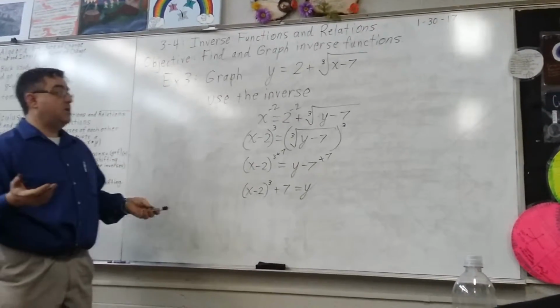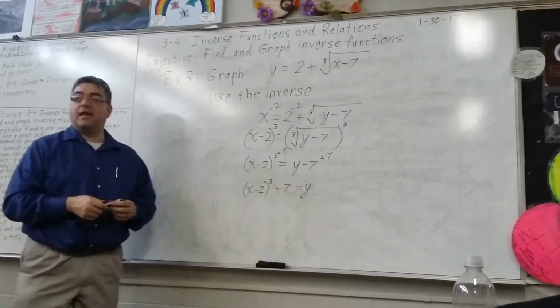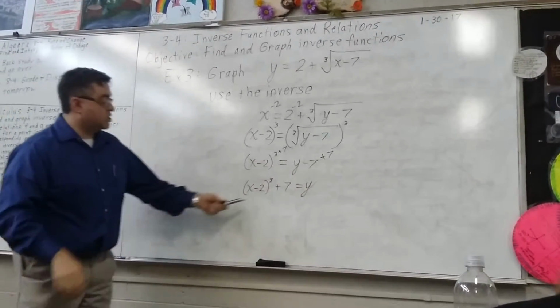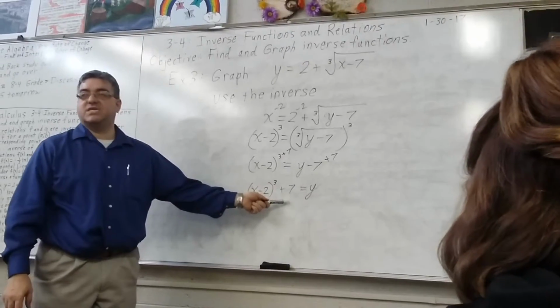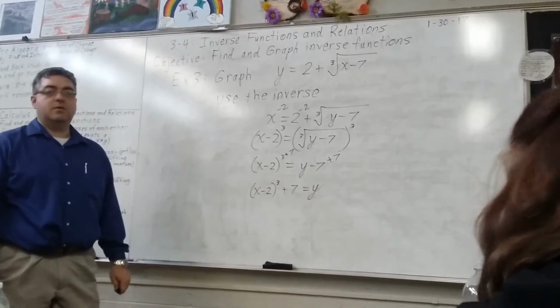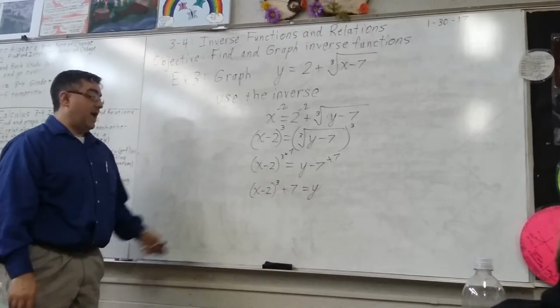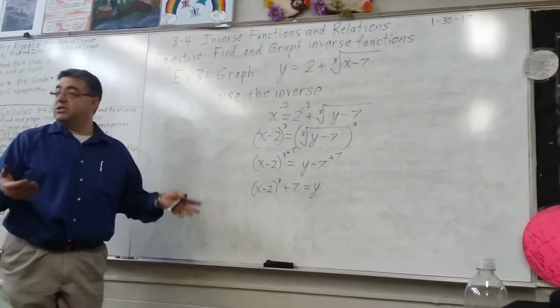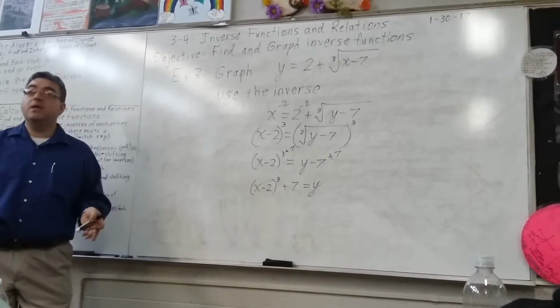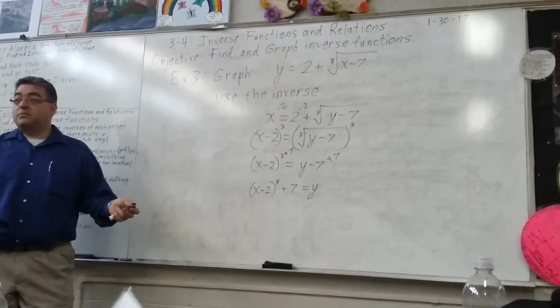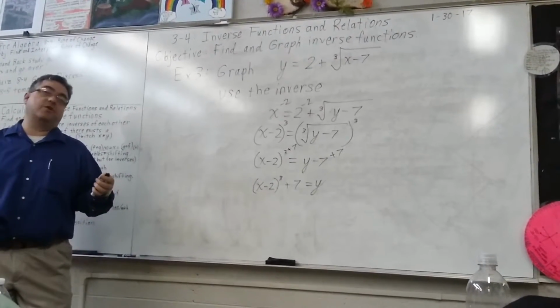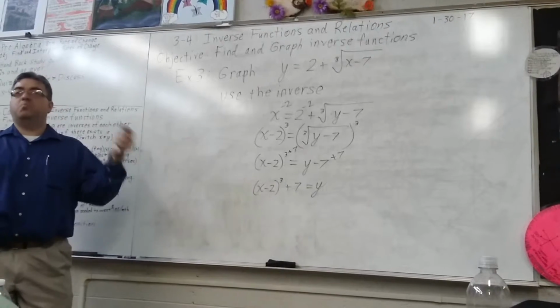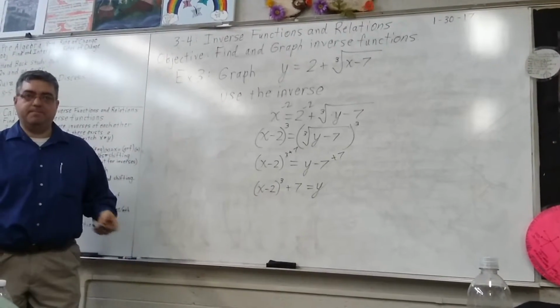We also can see the shifting and everything else. We know that the basic shift of this one is positive 2 in the x direction, positive 7 in the y direction, right? There's no multiplication, so no stretching, there's no negative, so no flipping. So really that shift is all we have to know about. And if we knew the parent function y equals x cubed, we'd be done, right?